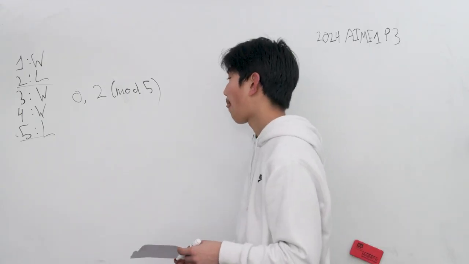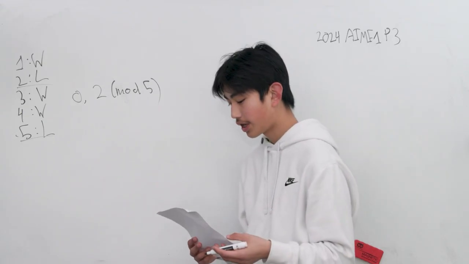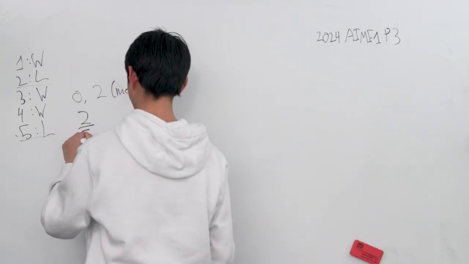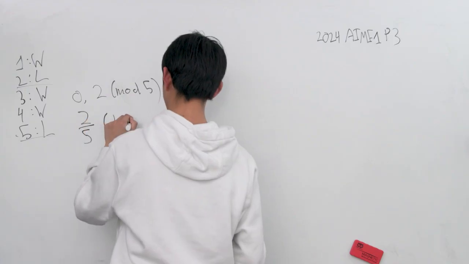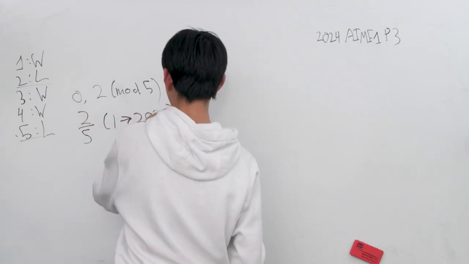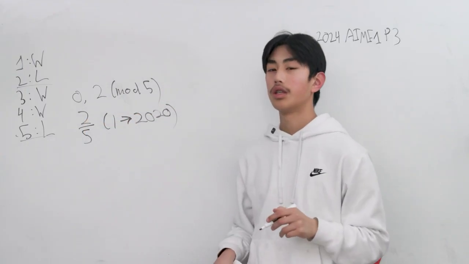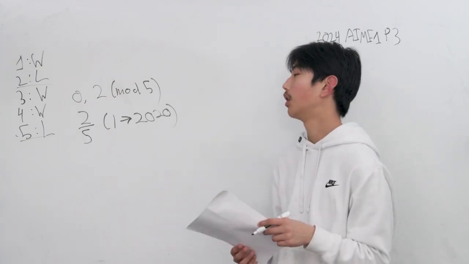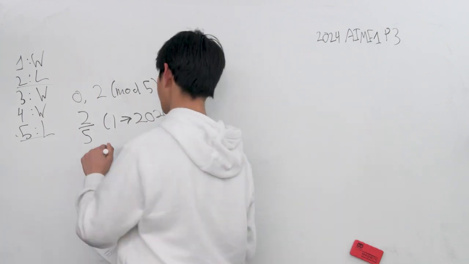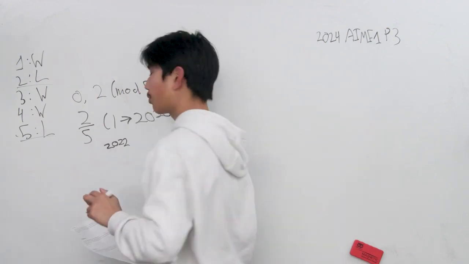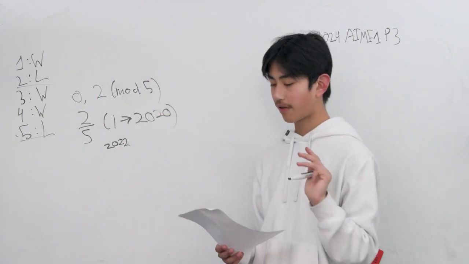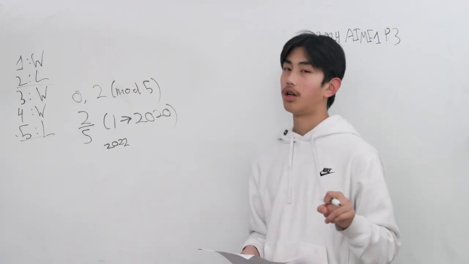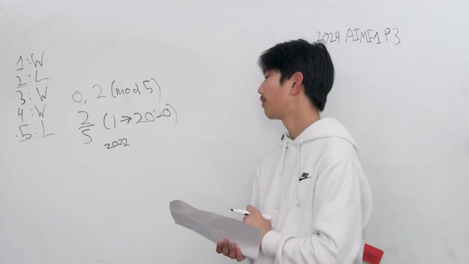So what we do is, we have Bob winning 2/5 of the time from 1 to 2020. And why I say it's 1 to 2020 is because 2021 to 2024 only has one case where Bob wins, 2022. 2021, 2023, and 2024 all ensure that Alice has a way to win every time.